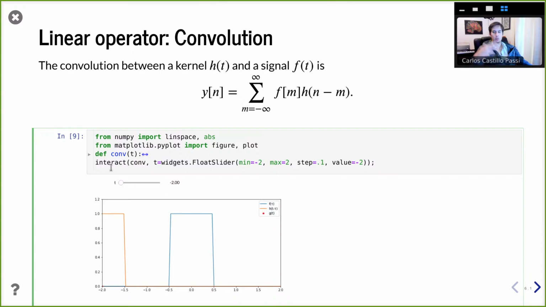The intuition of the convolution is just the area after having one of those signals inverted and displaced.